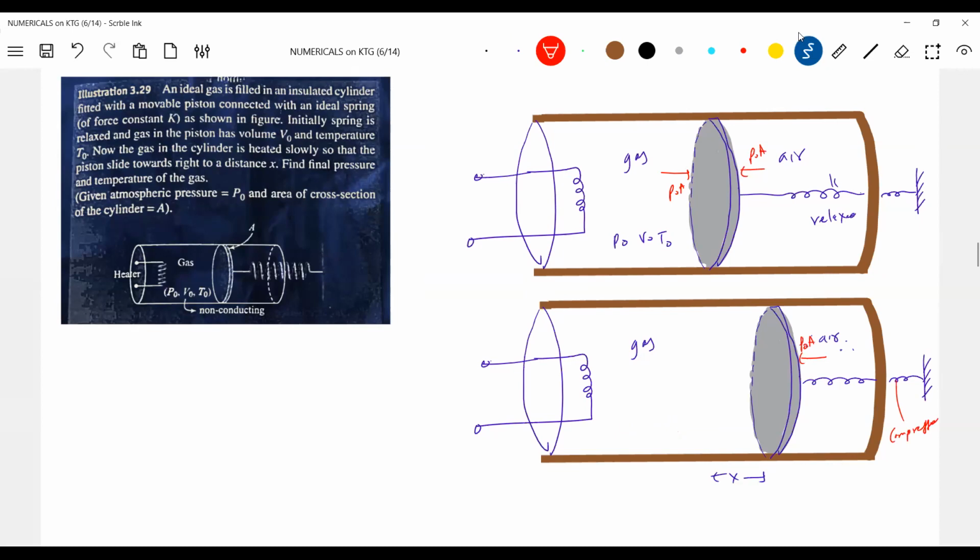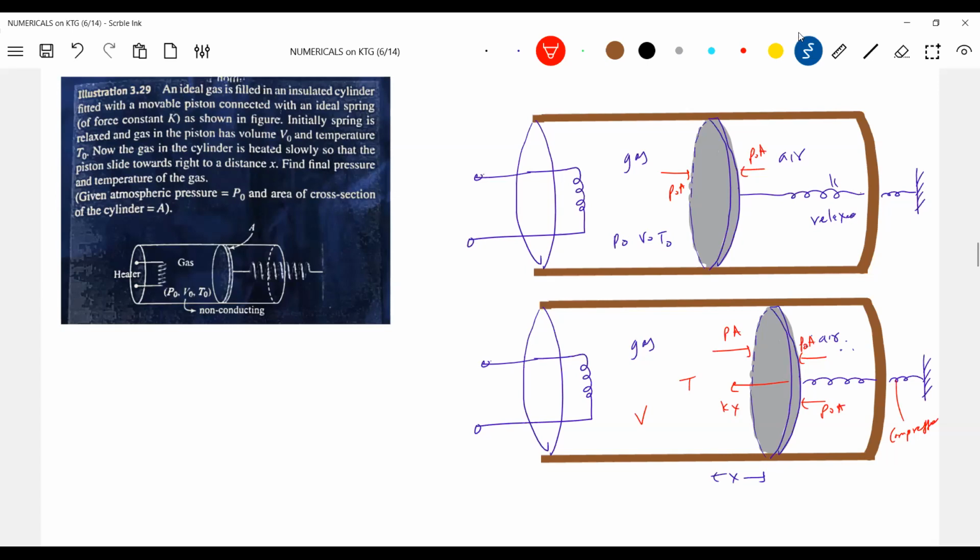Compressed. So the spring force will act in this direction. The pressure of the gas will be like this, the temperature of the gas T, and the volume will be the new volume. The amount of gas remains as it is. The same number of moles will be there.